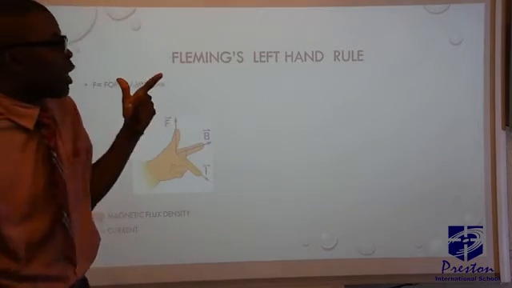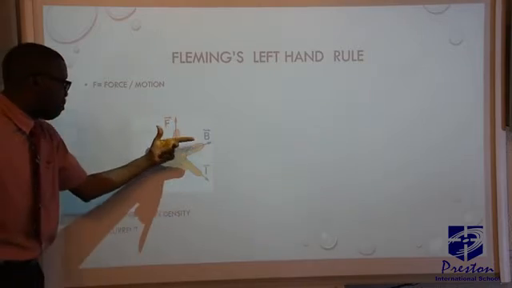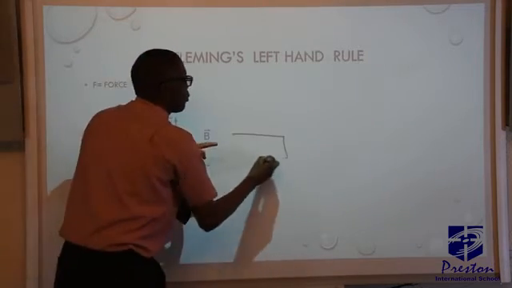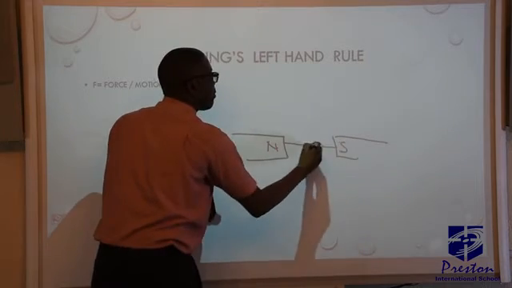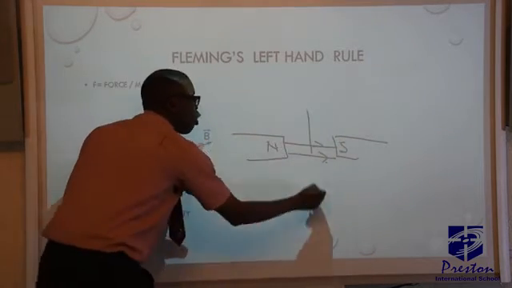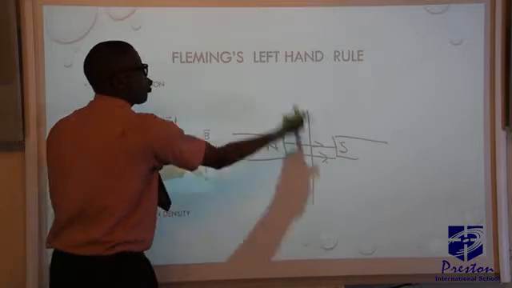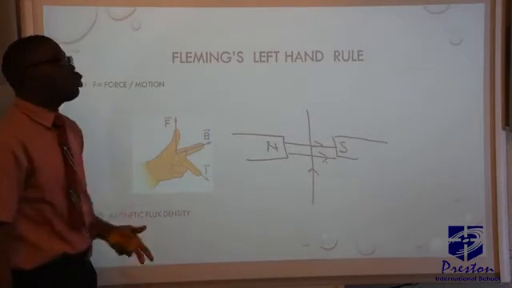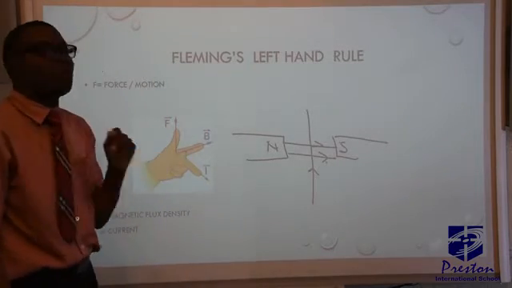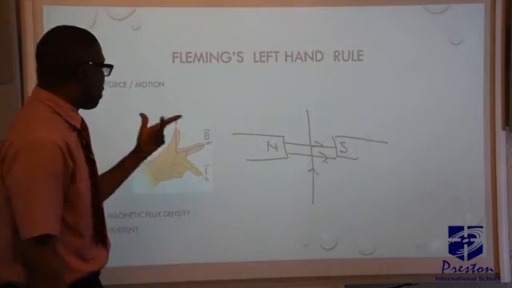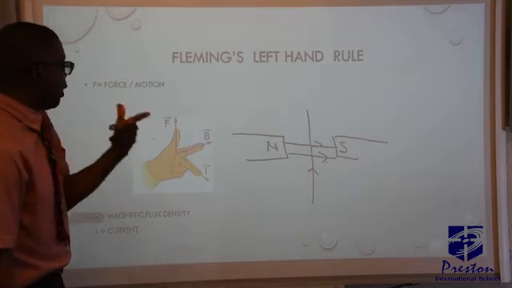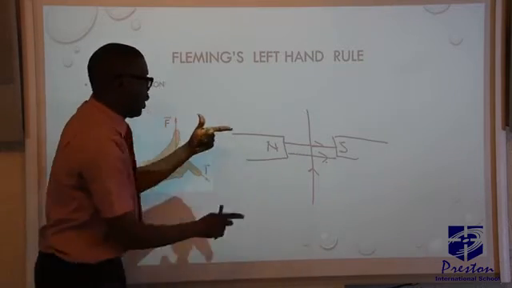With this, we'll be able to tell, okay, if I have a magnet this way, the magnetic field is moving this way, and then I have a conductor in that magnet with current going up. Now, you can ask me to determine the direction of the force on this conductor or the motion of the conductor itself. I just bring my hand like this, Fleming's left-hand rule. I look at the field going this way, and I see the current.